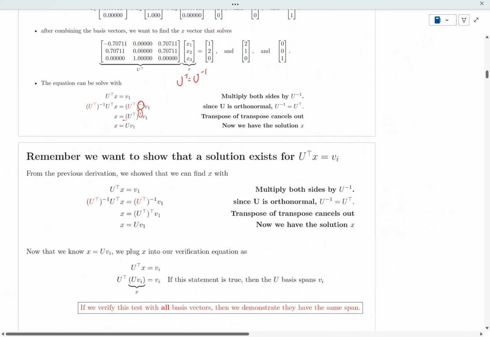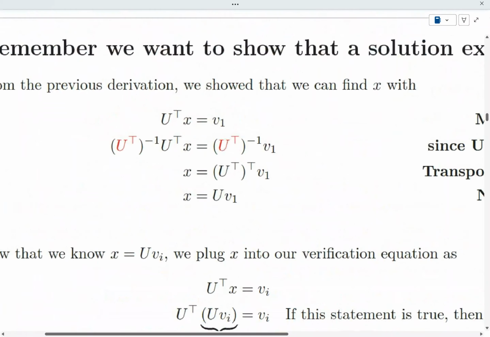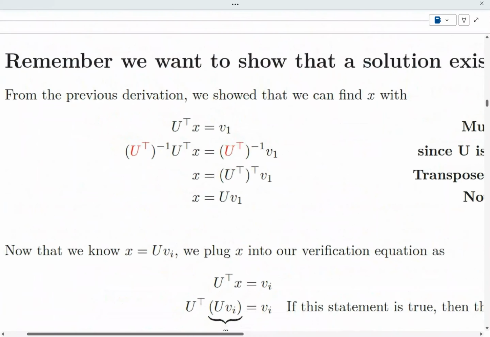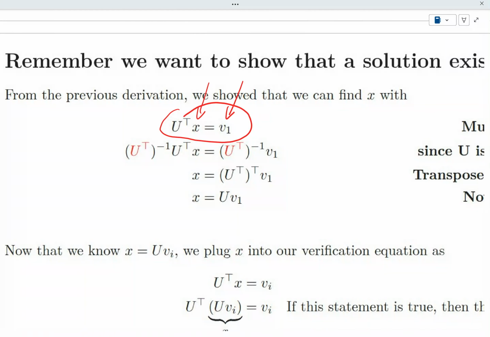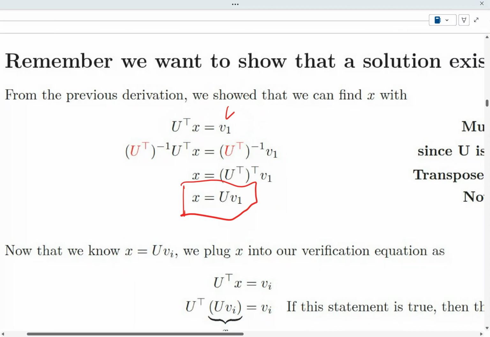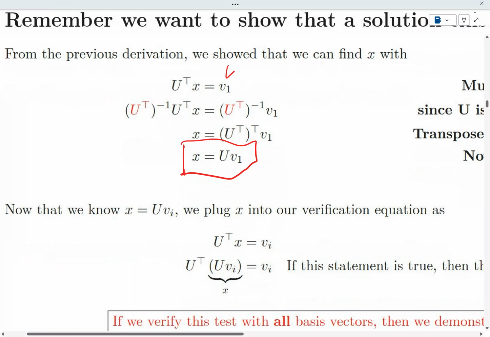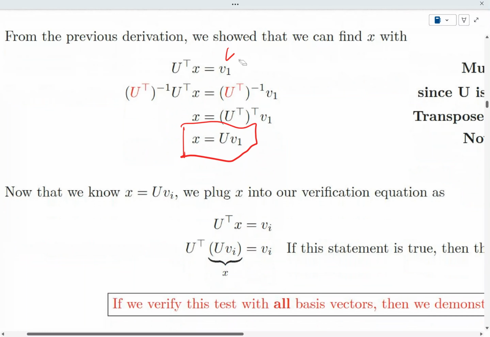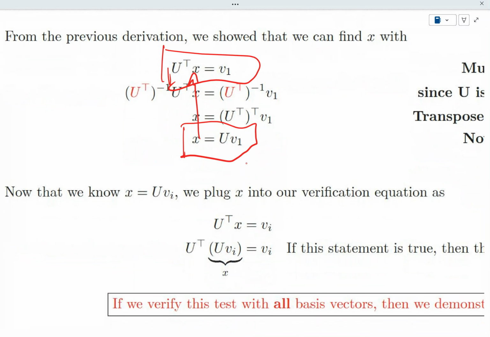All right. So what I just told you is, okay, we can find out if v1 is within the span by solving for x, right? Once we solve for x, this is the result, and we can plug x back into this relationship. So if x is equal to U transpose v1, let's plug that in here.